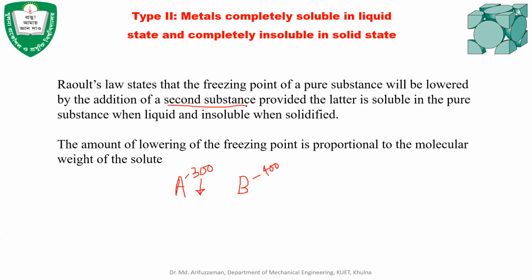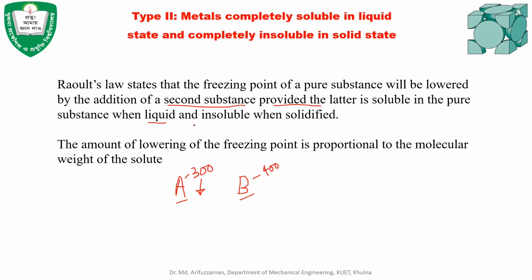That's what it says, but there are some conditions. The condition is that it is provided that the latter is soluble in the pure substance. That means B must be soluble in A, otherwise this formula will not work. That means pure substance B must be soluble in A when liquid.